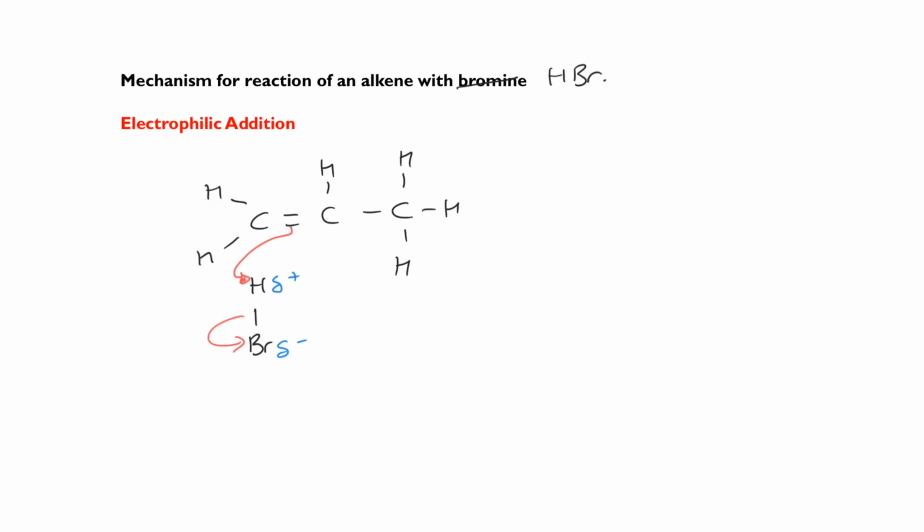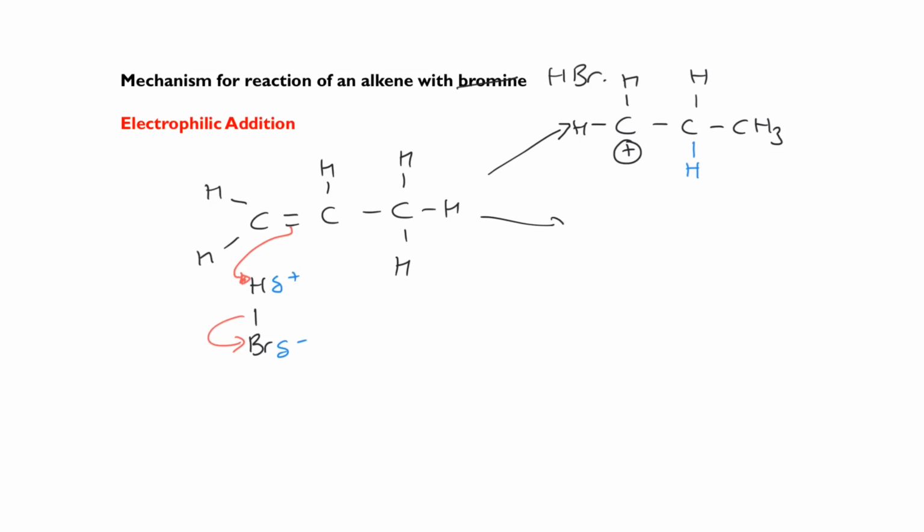What we end up with now is two possible carbocations. The first carbocation that could form would be where we have the positive carbon here and the hydrogen is bonded on this carbon here. Okay, and then this is just the CH3 bit from before. So this is one option.